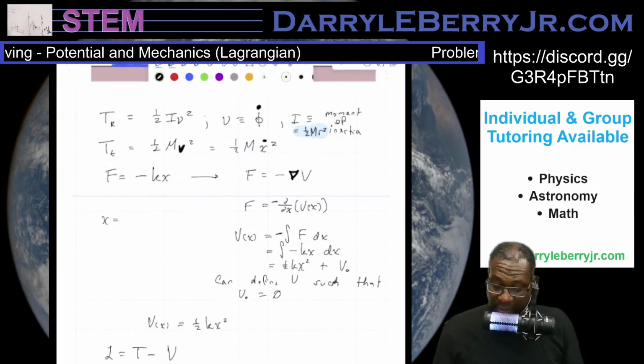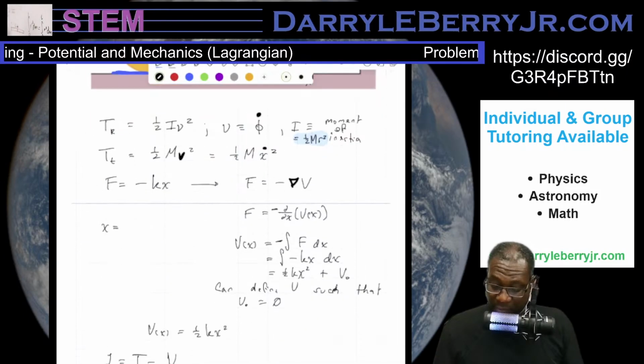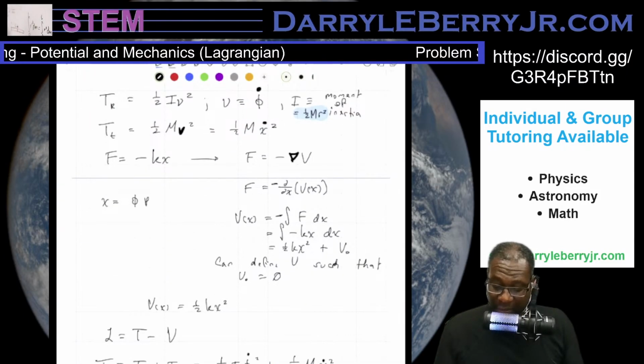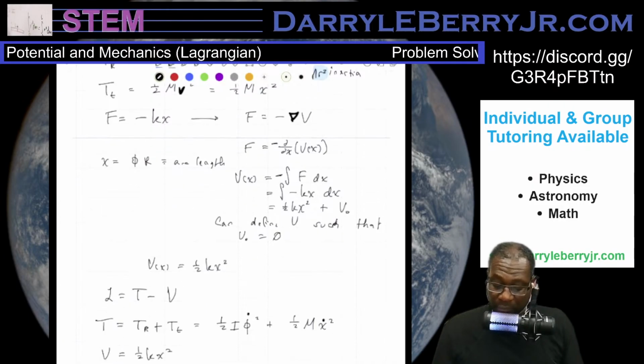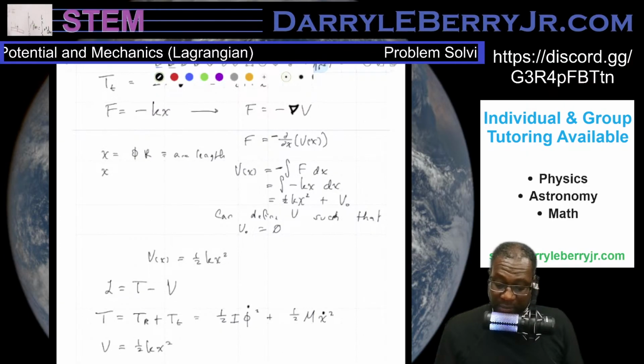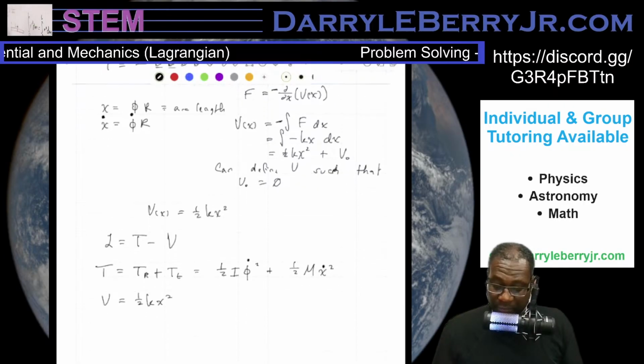So x equals phi r, for its arc length. So x dot equals phi dot r.